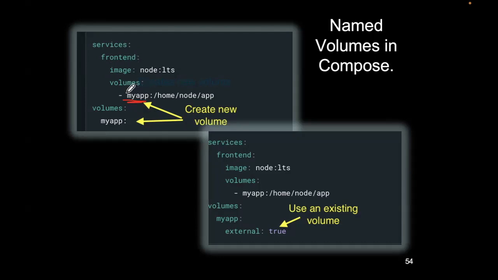It's a named volume, but separately in the Docker Compose file, you have a volumes section, which is at the same level as the services section. And down there is where you can be more specific about some characteristics of the volume. It's not enough just to name it here. You've also got to reference it down here. And there are lots of options available to you with these named volumes.